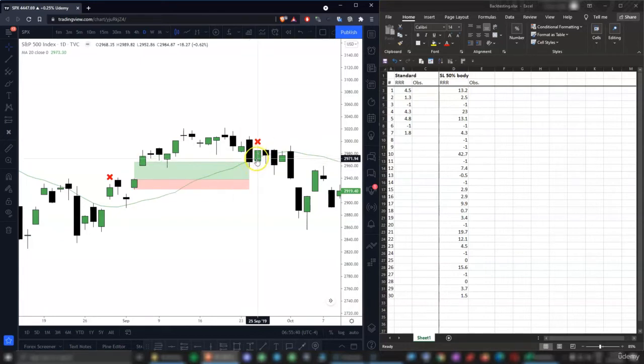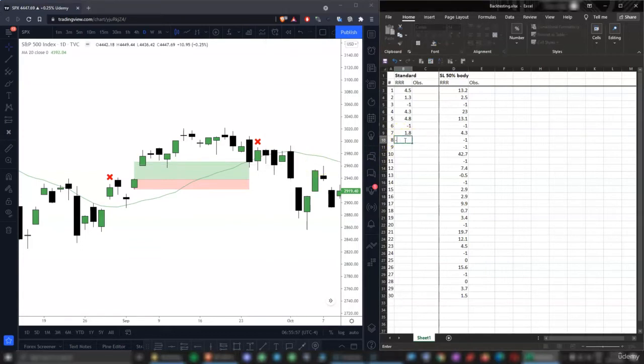We can mitigate that. So you enter here, you have a stop loss here, then you move it here. So instead of 1, let's say that here we lose 0.7. So this is going to be minus 0.7.